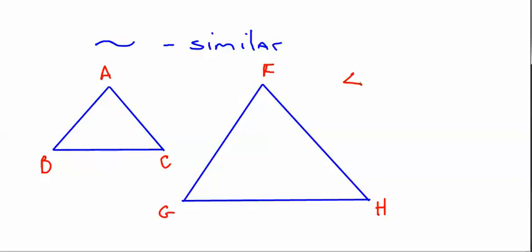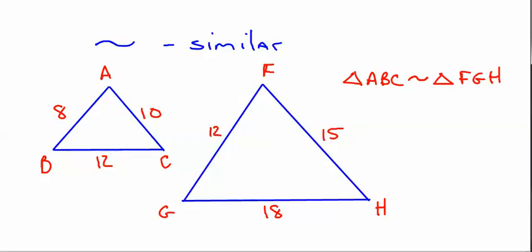Alright, here's what you may see. Triangle ABC is similar to triangle FGH. And you got an 8, a 10, and a 12, and 12, 15, 18.